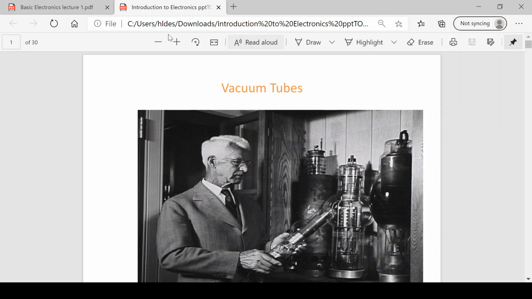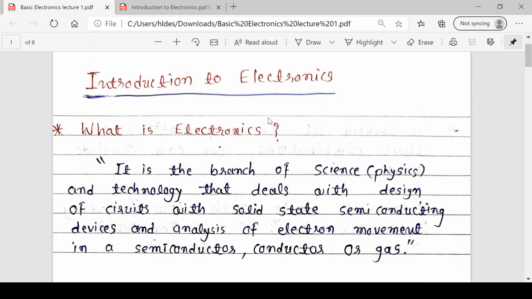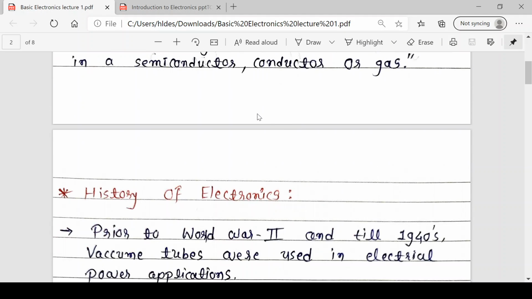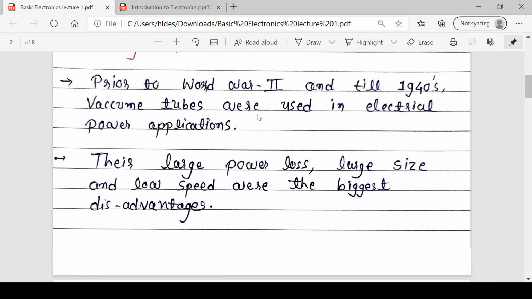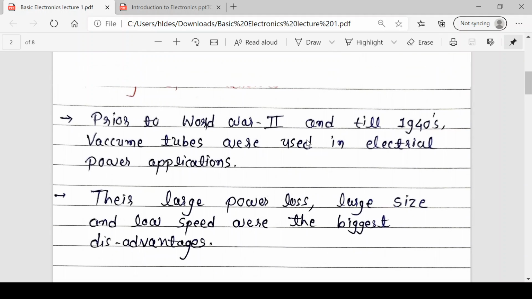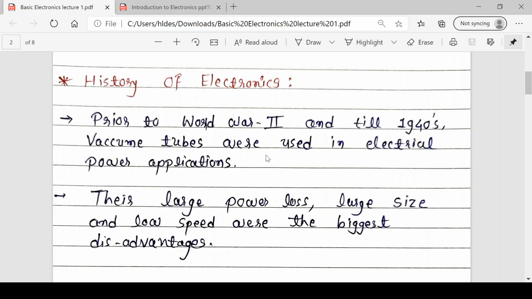Those vacuum tubes were very bulky, large in size, and very noisy also. So you can see, during that period, the vacuum tubes were having very large power loss, large size and low speed. Besides that, they were quite noisy, noisy in the sense their output was not up to the mark.